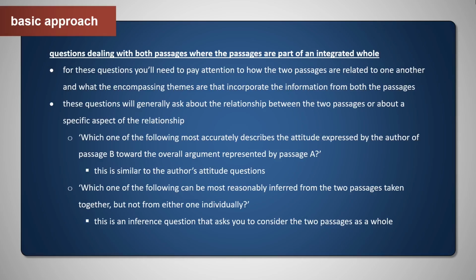These tend to be fairly rare, the minority of questions, or you'll have questions that deal with both passages. And when they deal with both passages, you're either approaching the passages as separate. You don't have to worry about how they connect and what one author would think about the other author's argument, etc. And in the other basic variation, the question asks you to approach the passages as if they were interrelated and connected.